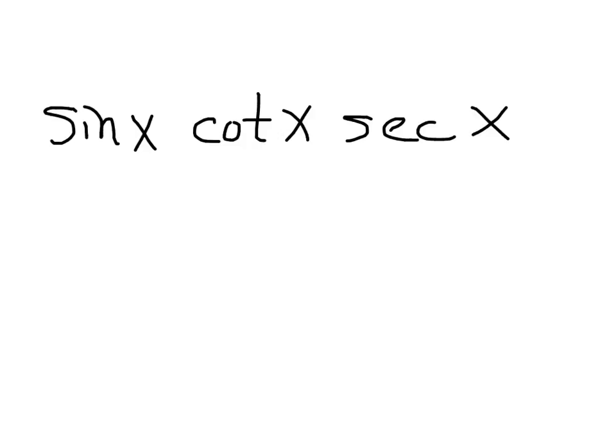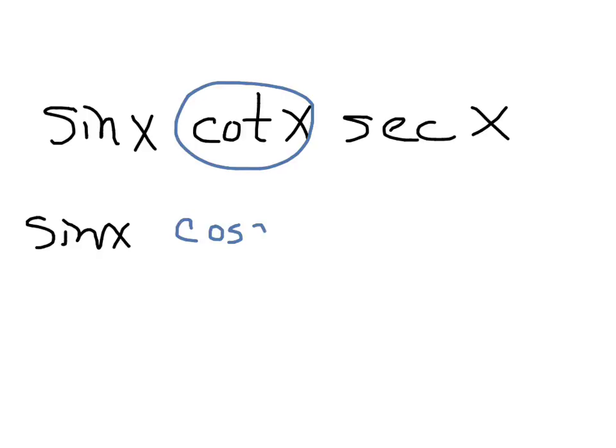Now the sine I'm not going to change, but look at the things I gave you Friday. Was cotangent equal to something? Cosine over sine. Right. So what I'm going to do is replace this with cosine of x over the sine of x. Okay, so what I'm doing is using substitution, taking those out and replacing with something that it does equal.